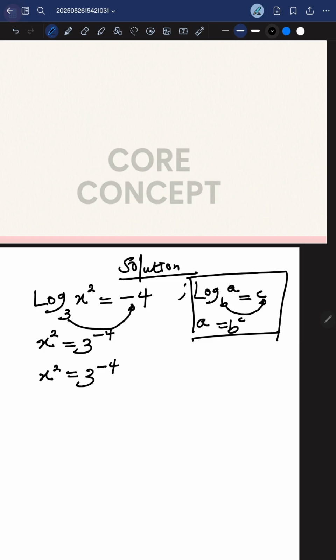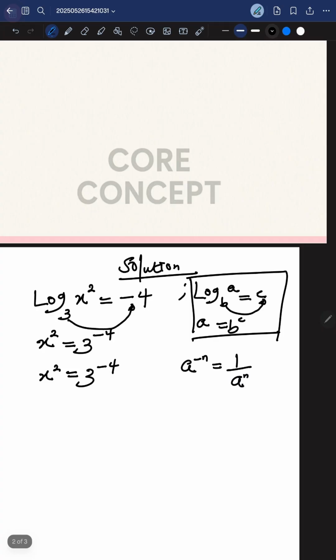Now, there's a law to continue the solution. There's a formula that you can use, and this is one of the formulas from indices. The formula says if I have a raised to the power of -n, that is the same thing as 1 divided by a raised to the power of n.